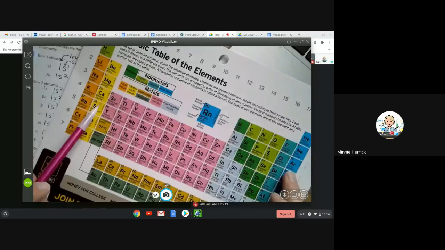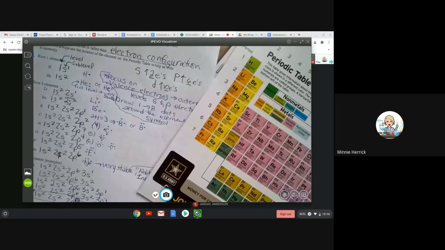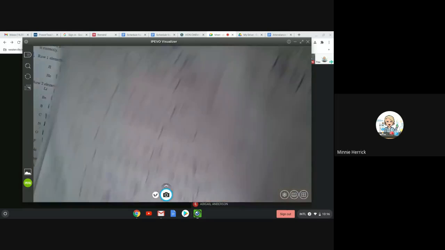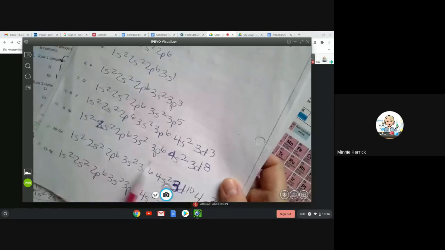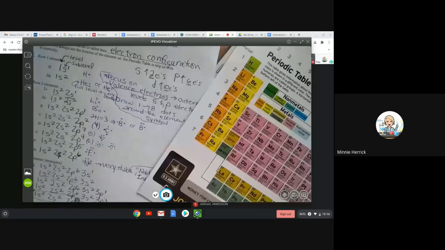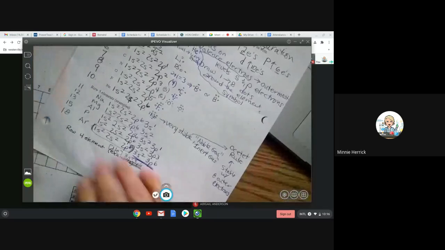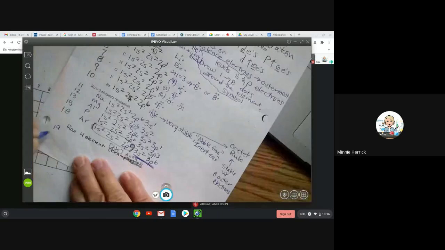Okay. Now the inner three levels are important. We can write them all out, and that's what you're doing on this homework. You're going all the way from the beginning every single time. Okay. But what we're going to be doing is showing you a shortcut here in row 4. So let's do potassium and calcium.